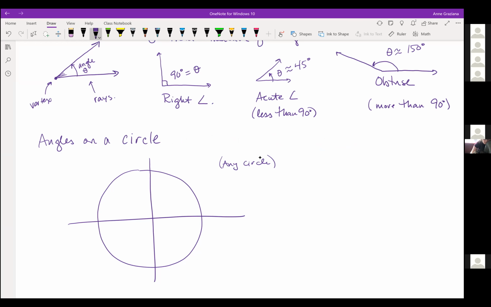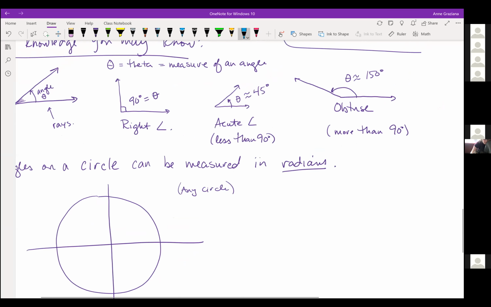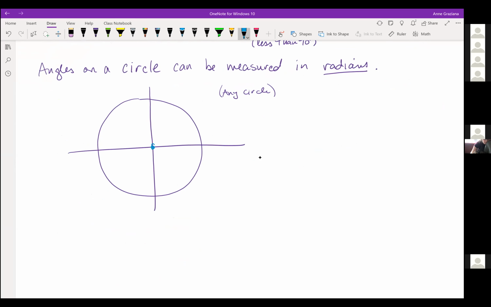Angles on a circle can be measured in radians. Okay. So let me pick one such angle. So here's my vertex. Here's one ray and then another ray. And so this is my angle theta.